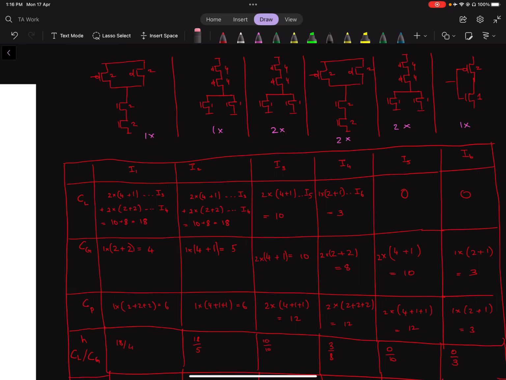Instead of 2-1, it will be 4-2, because the sinking or sourcing current in this case will be 2I, depending on what the input logic is, right? And so we need to ensure that the sinking or sourcing current in the reference inverter is also 2I, and so the reference inverter must have a PMOS size of 4 and NMOS size of 2.